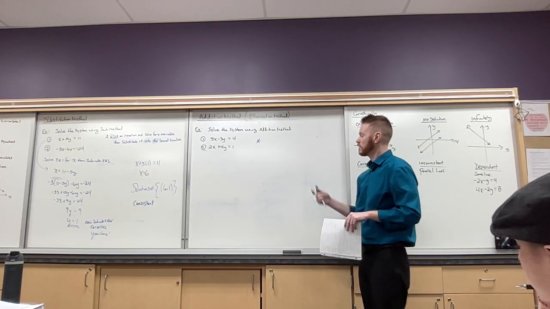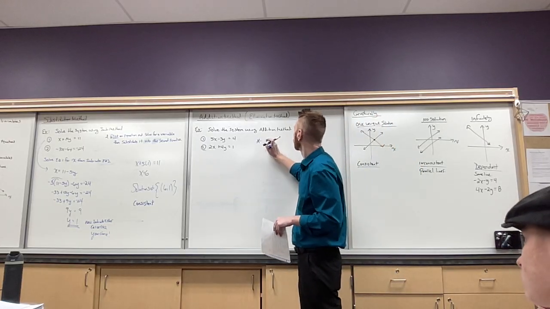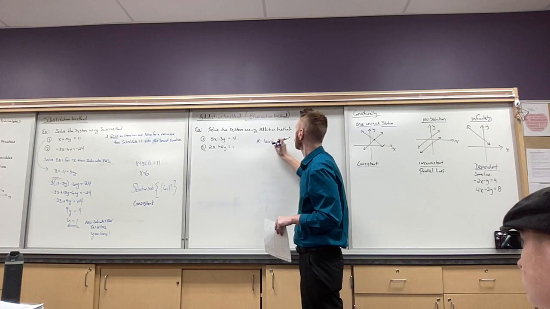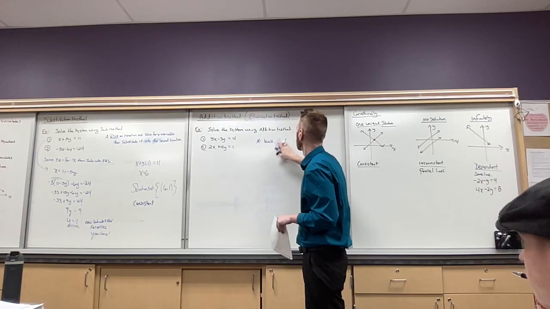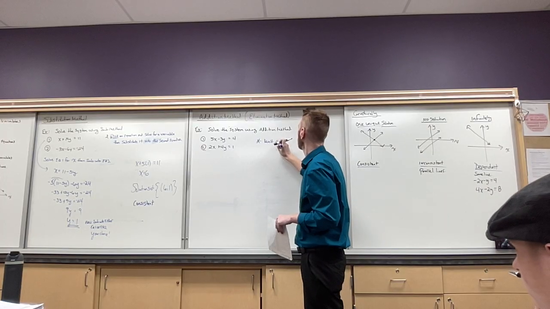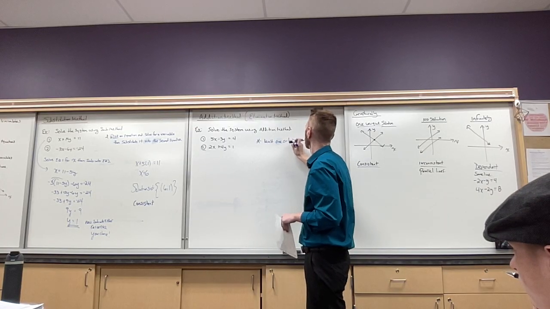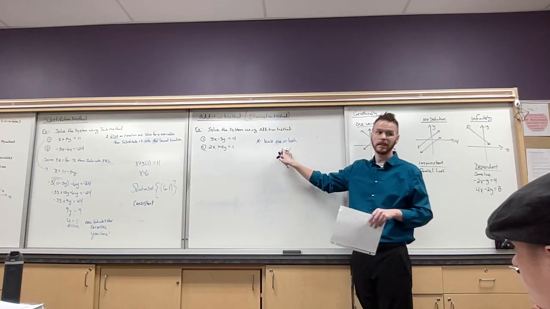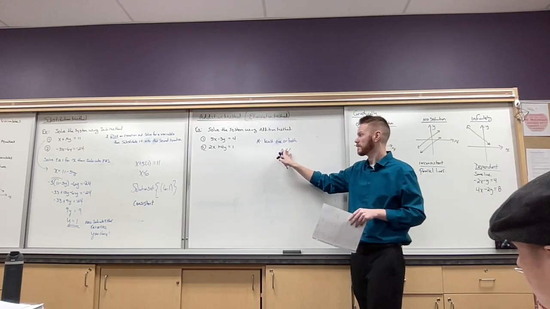Okay, so let me write this down here. Let's see, so you're going to multiply 1 or both, because you might not need to, you might just have to multiply the first equation by something.